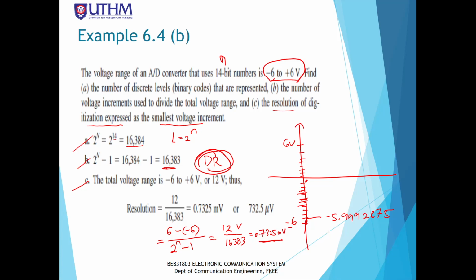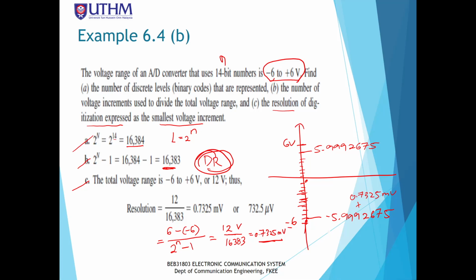You need to add 0.7325 millivolt each time. For example here, how much is the next level? So 6 minus 0.7325 milli, so over here is 5.9992675, and so on.